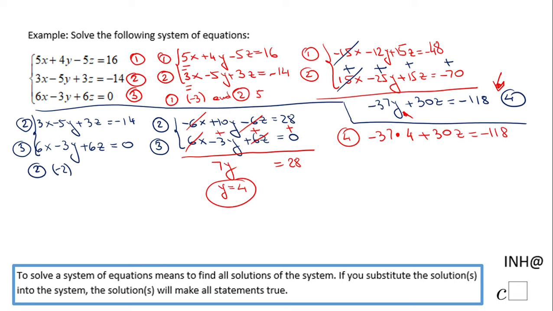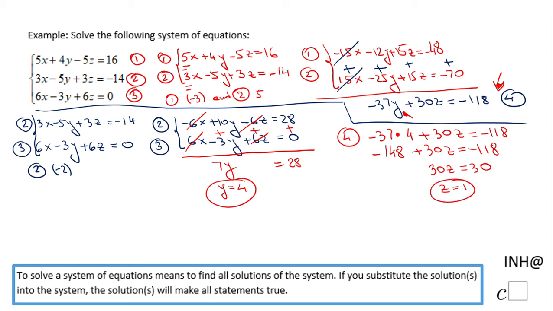So we have to do negative 37 times 4, that is negative 148, plus 30z equals negative 118. We're going to add 148 on each side. That will give us 30z equals 30. And divide by 30, we have z equals 1.